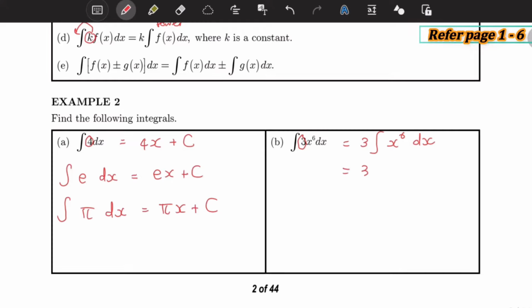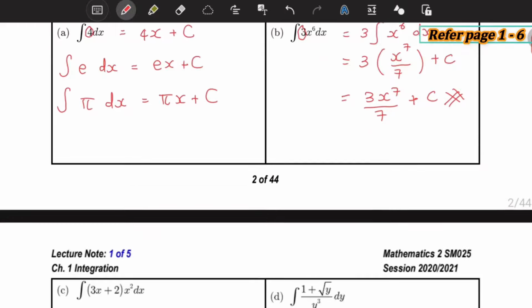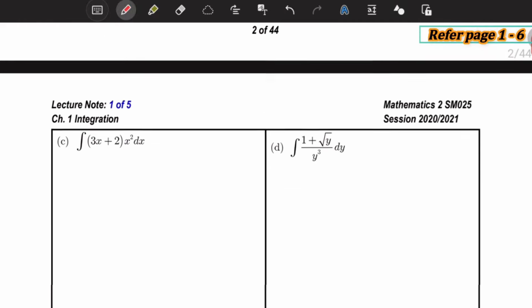So, we write 3 the constant times x, increase the power by 1, x power of 7, divide by new power 7 plus c, or 3x power of 7 divide by 7 plus c.